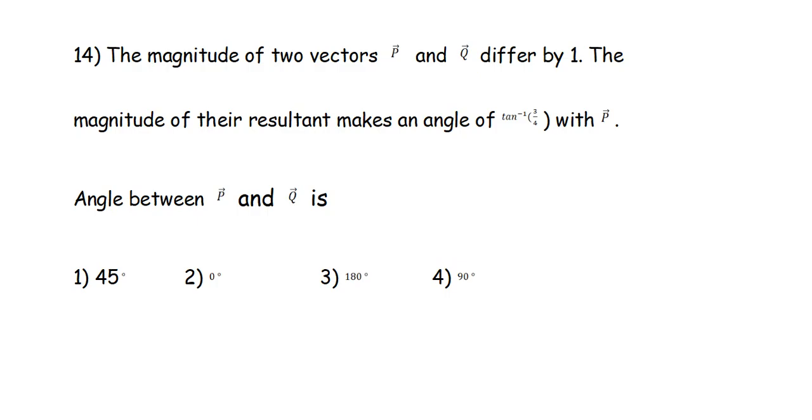Other condition is the magnitude of their resultant makes an angle of tan inverse of 3/4 with P bar. Angle between P bar and Q bar is? So condition given is P minus Q is 1.